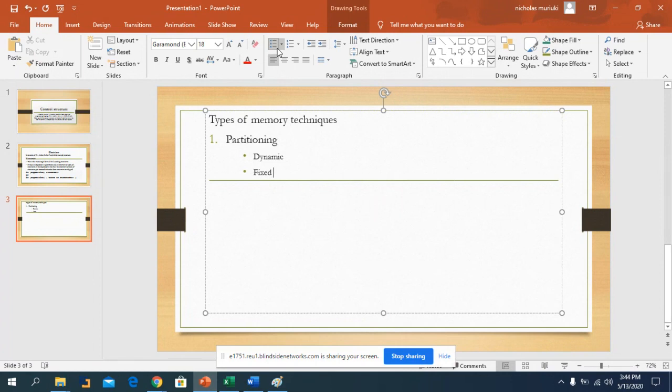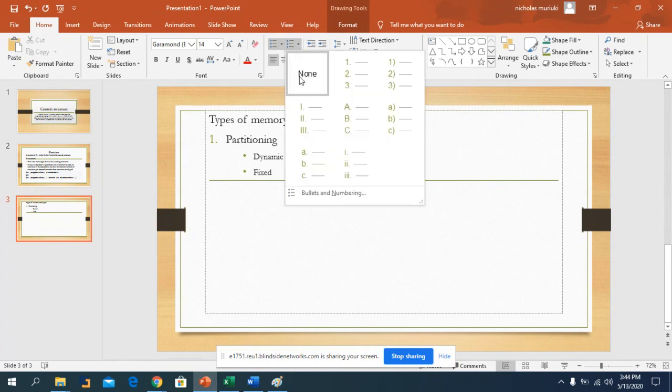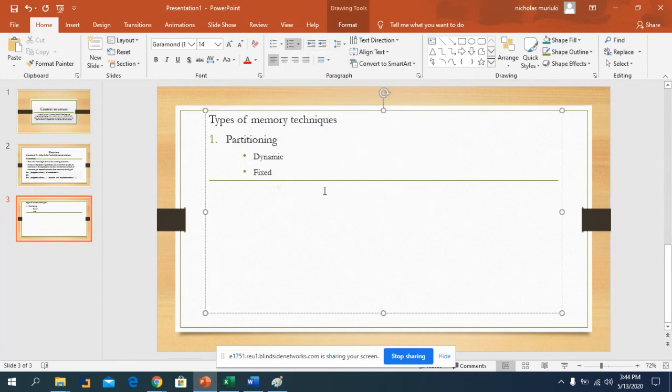In fixed partitioning, we have said we have equal partitions. Are we together now? If you go to the second type, we have paging.